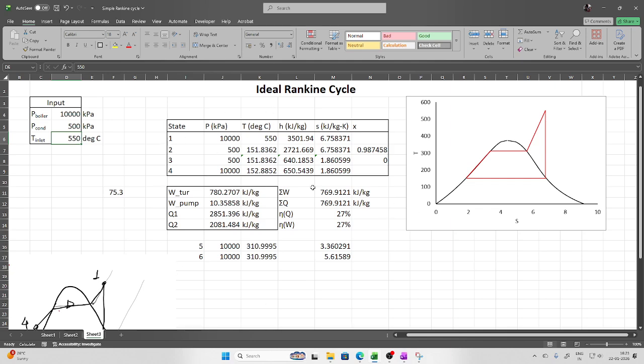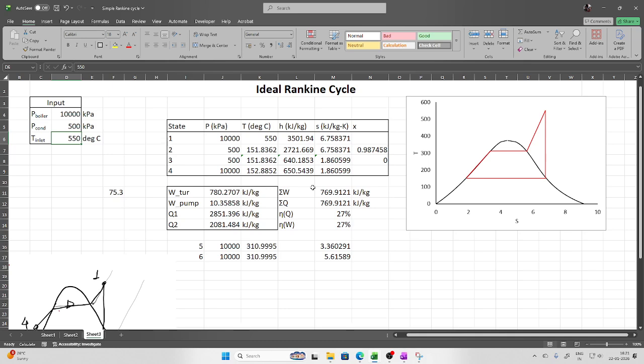And once these values change, you will be able to appreciate the impact of these onto different parameters. So what I'll do in the next lecture, so far you have only modeled an ideal Rankine cycle. In the next lecture, we will be modeling a real Rankine cycle, where so far it is reversible adiabatic pump compression and reversible adiabatic expansion in turbine. But what will happen if they are not reversible adiabatic?